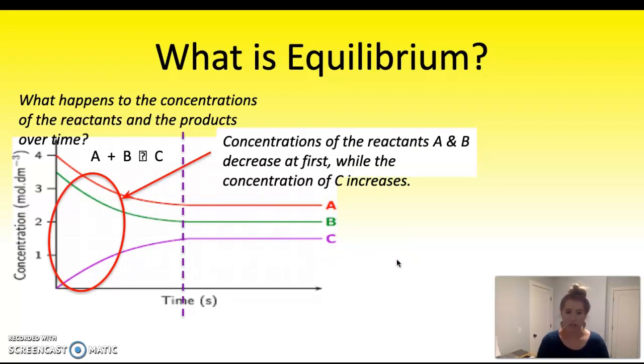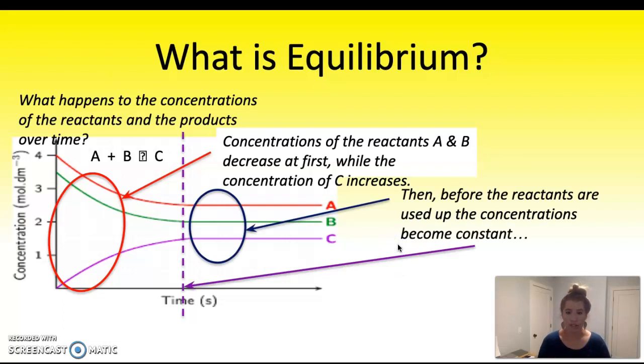So concentrations of reactants A and B, first they're decreasing over time, and that's why C is increasing. They're creating C. Okay? But then we get to a point in time when the concentration is staying constant. We're no longer increasing or decreasing in A, B, or C.